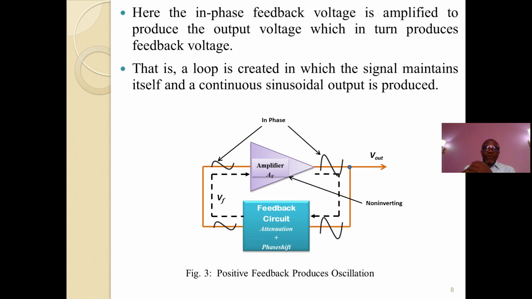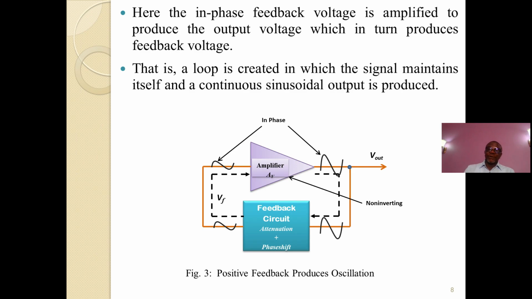What is coming into the amplifier is in phase with what is coming out of the amplifier. Now, the amplifier has a gain. That is why the amplitude of the signal coming out of the amplifier is higher than the one going in, but they are in phase.